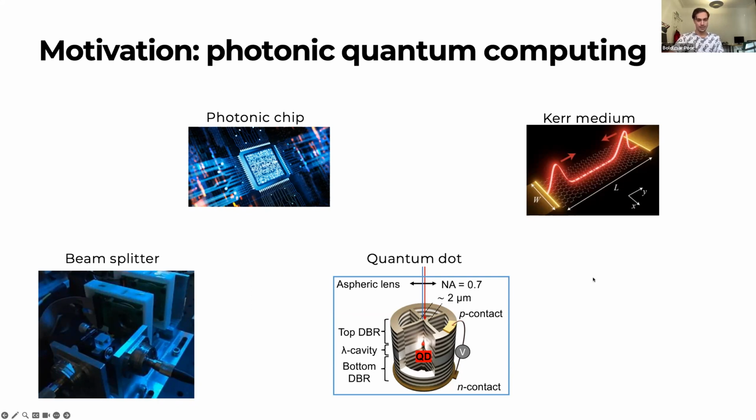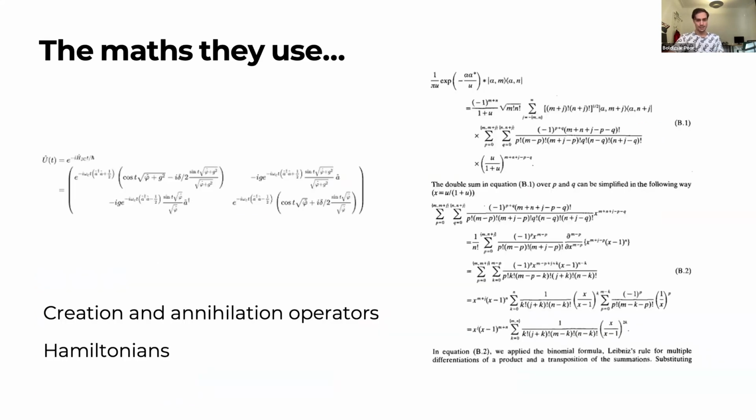So this is the computation done using photons. It's completely different. In fact, it's so different that the math they use is, to me, quite hard to understand. They use a lot of calculations using creation annihilation operators and Hamiltonians, but it's just complicated to understand.